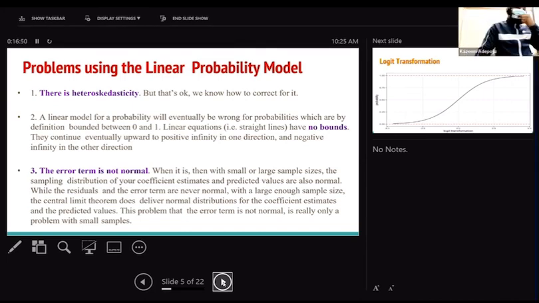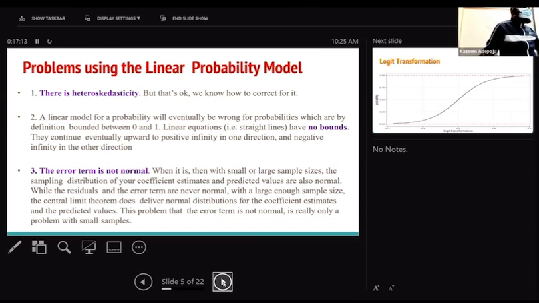And not only that, the errors will not be normally distributed. I think I've walked you through how to investigate whether the constant variance is violated. You can use a Bartlett test or Levene's test, and you can use residual plots to investigate that.